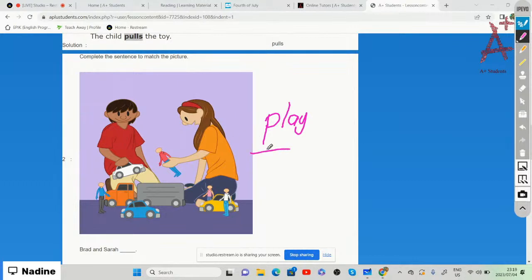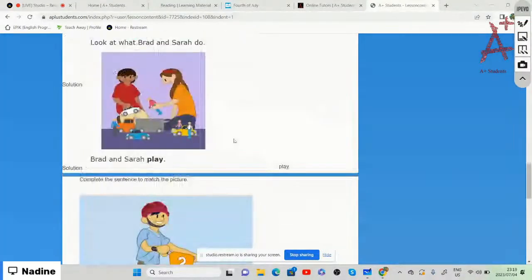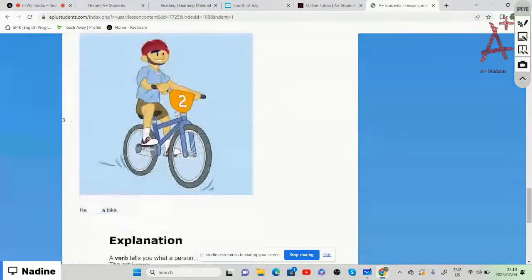Okay, so for now we go with Brad and Sarah plays, right? Because they are playing with toys. So now we're going to see if that is correct. Yes. So Brad and Sarah play. They are playing with their toys. Wonderful.